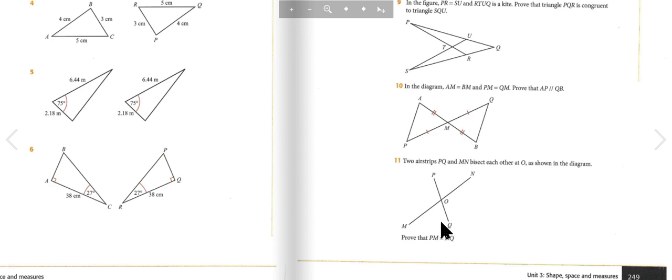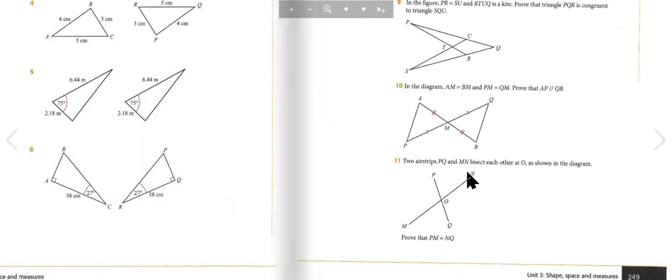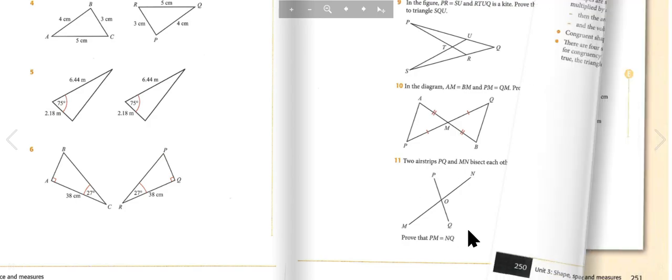Here, you can see these two angles are equal, and because these bisect each other, these two sides are equal. These two sides are also equal, so SAS, these triangles are congruent, which means PM equals NQ. And that also means PN equals MQ.